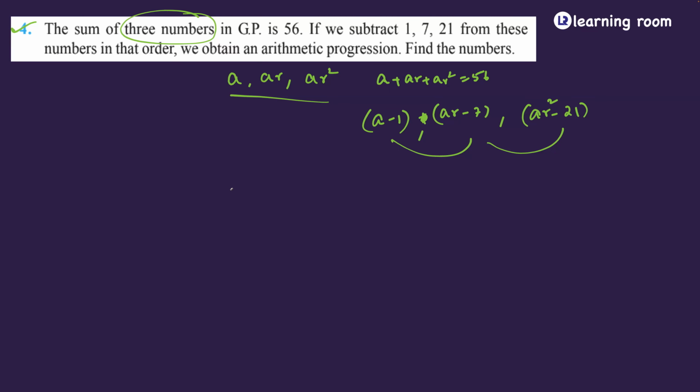So point is this one. AR minus 7 minus A plus 1 is equal to AR square minus 21 minus AR plus 7. Is this what you did? Right. So what will you get from this? AR minus A minus 6 is equal to minus 14.